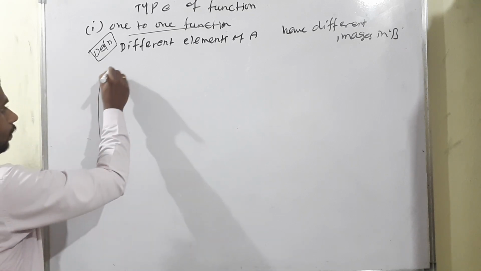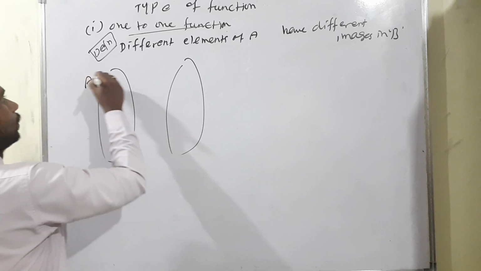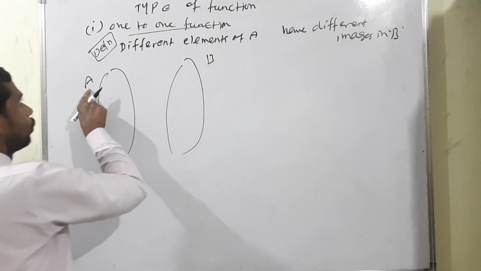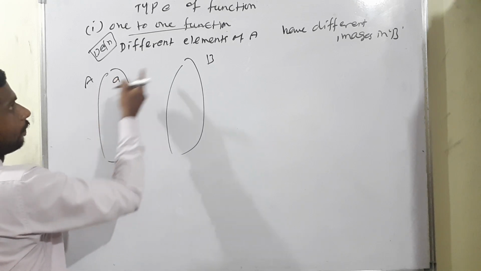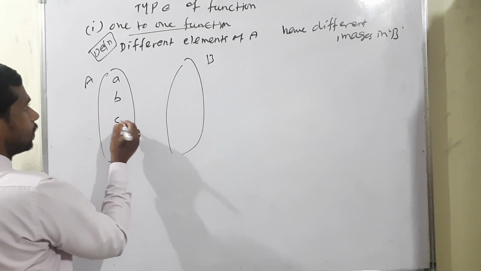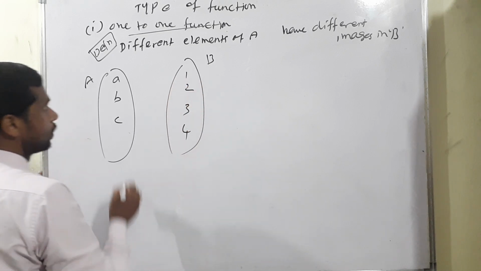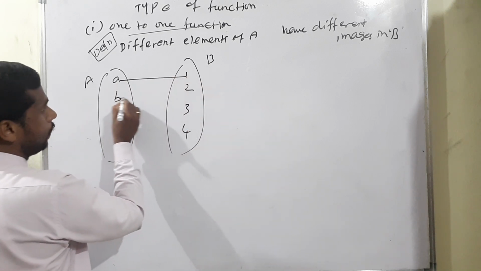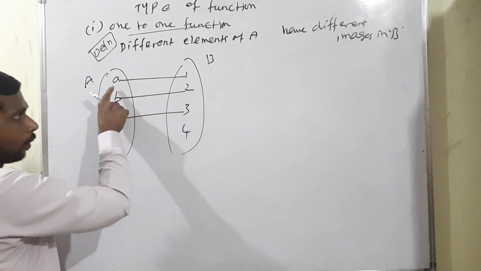Consider A as the domain and B as the codomain. Different elements, say a, b, c, have different images, say 1, 2, 3 and 4. A is related to 1, B is related to 2, C is related to 3. So each and every pair is a single pair.